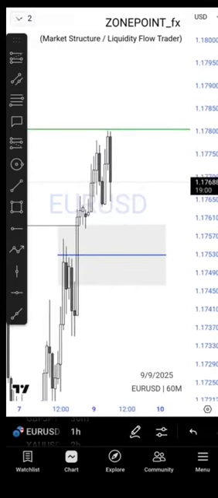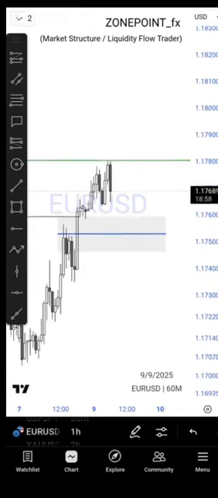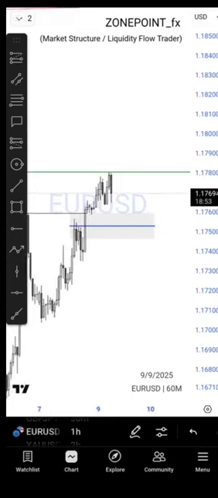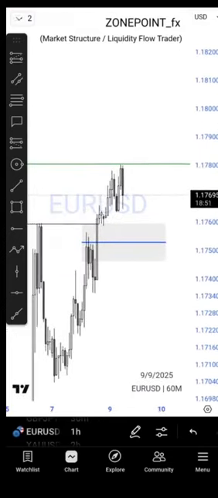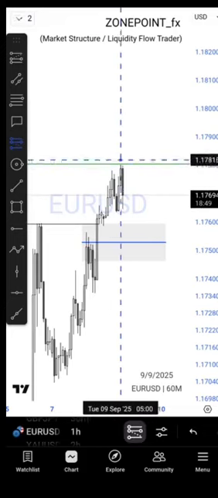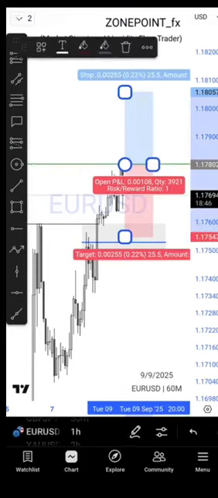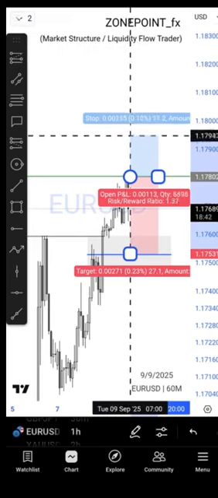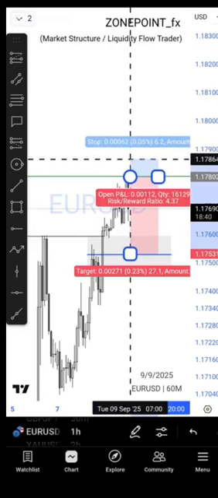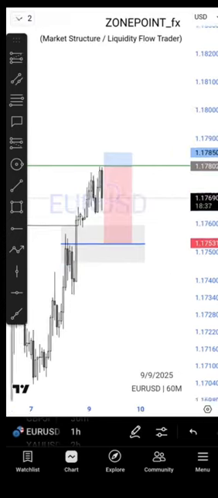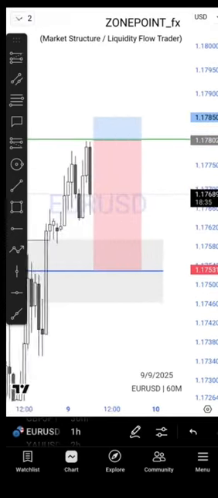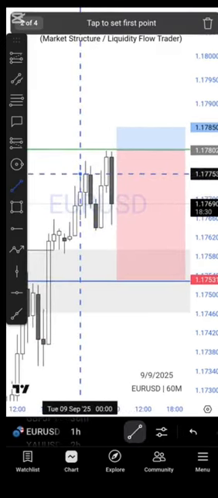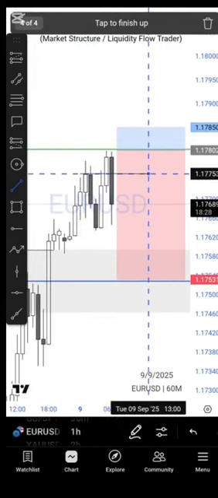From this point, if you ask me where I should place my entry and TP from this level here, I may want to enter aggressively to this level, and I'll be targeting here, because I'm still waiting for price to retest back to this level.